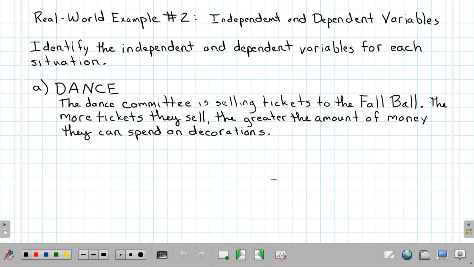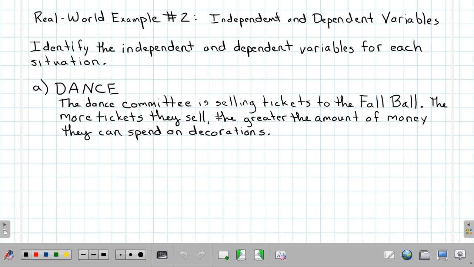They say the dance committee is selling tickets to the fall ball. The more tickets they sell, the greater the amount of money they can spend on decorations. So if you're looking at this situation, there's two variables here. When we talk about variables, they are things that can change.